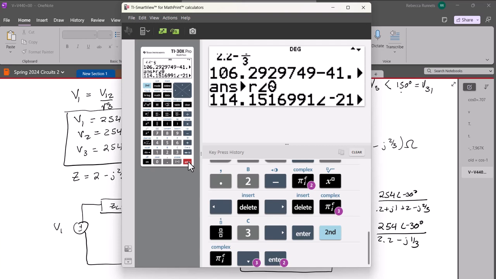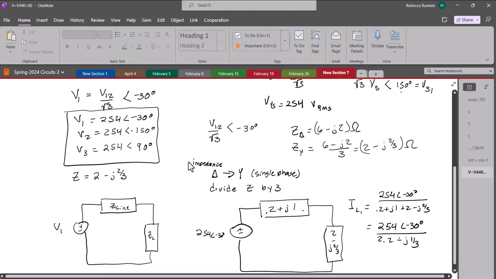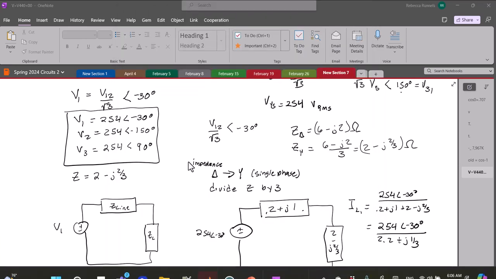And I don't get exactly the right answer. Why is that? Is that because 1 minus 2/3 is plus 1/3? It is.